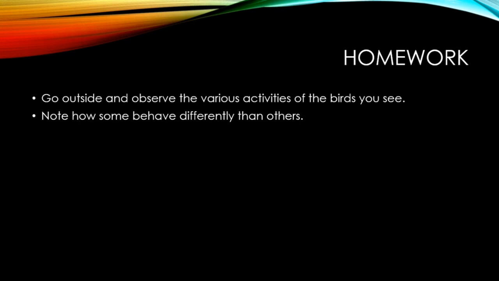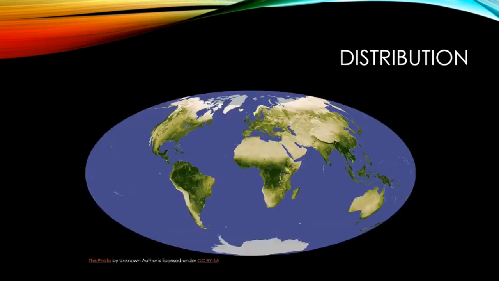Right, so the last one is quite important: distribution. If you're having a look at a book and you found this bird and you think, oh, it could be this, but it doesn't occur where you are, it's quite unlikely that it's going to be that bird. So best to start having a look to see if there's any similar species that occur in that area.